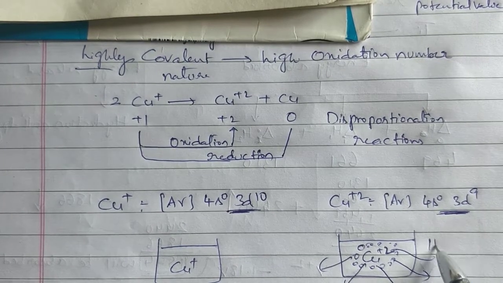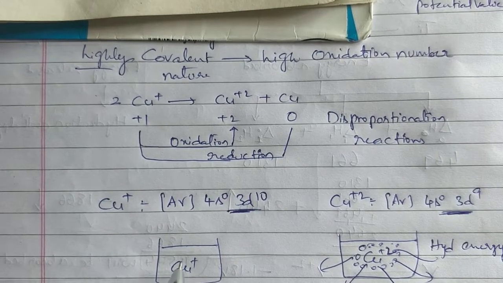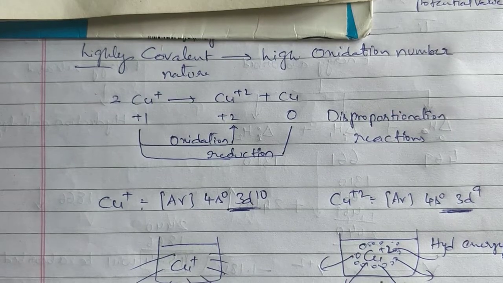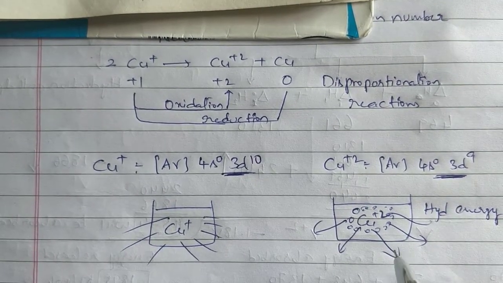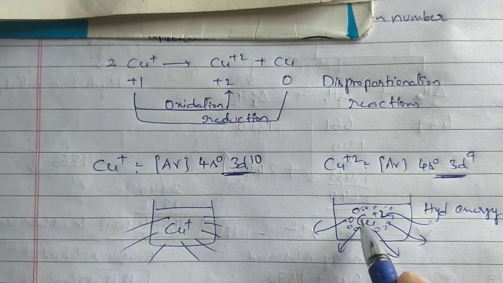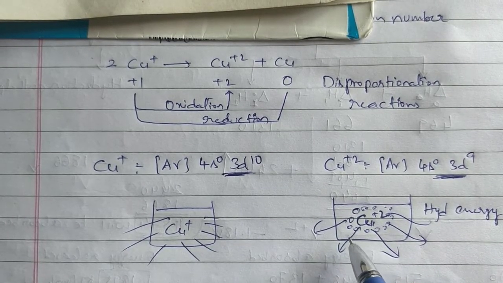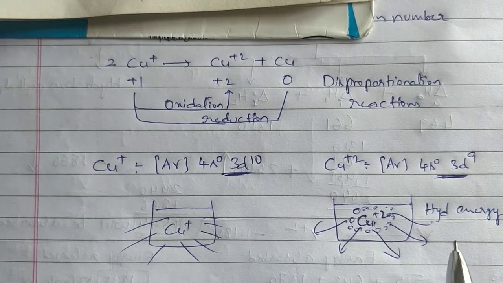That is called hydration energy. Here this Cu+ releases less hydration energy. When more hydration energy is released, Cu2+ is solvated easily and it will be stable in water, aqueous solution. So this point is very helpful.